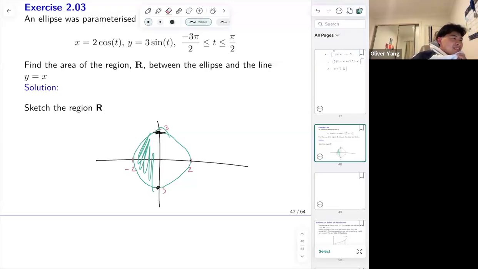This is too hard for you guys as well. I don't think you can do this, because you won't get a function. You've got to do a parametric integral, and you haven't learned that. Yeah, that's too hard, so let's just skip it.